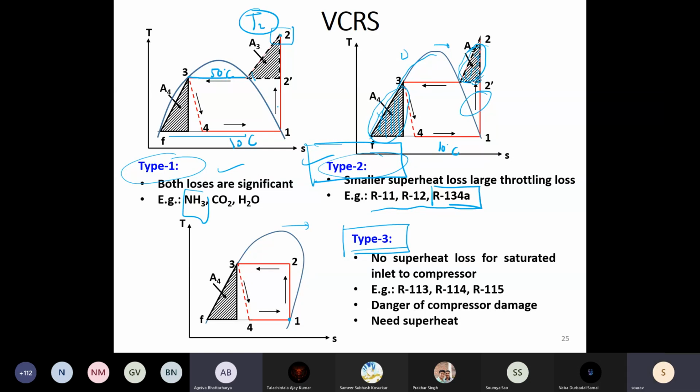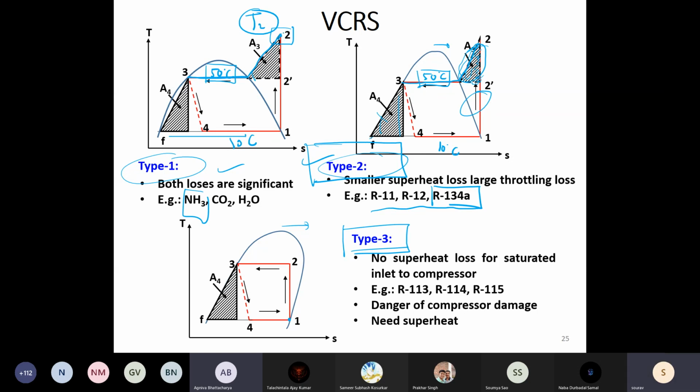So you have to find out the saturation pressure at 50 degrees, and that fixes this isobar. Similarly, you will have to find out the saturation pressure of R134A, and that will fix the isobar. So condensing temperature is the temperature in the liquid plus vapor region. But the gas which comes out of the compressor is significantly higher than the condensing temperature because it would be in the superheated region.